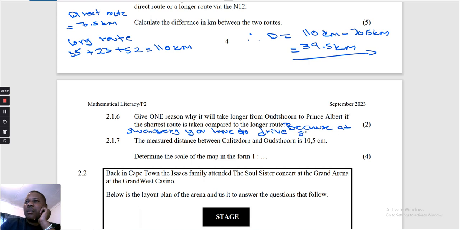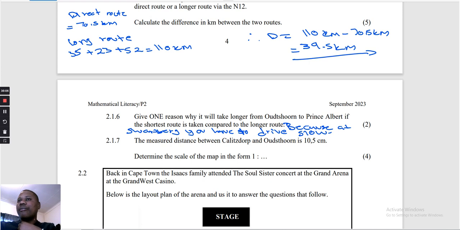Remember, if you drive slow, obviously you're not going to reach your destination in the stipulated time. It means that it's going to make the trip long in terms of time. The distance won't change, but the time will be long.